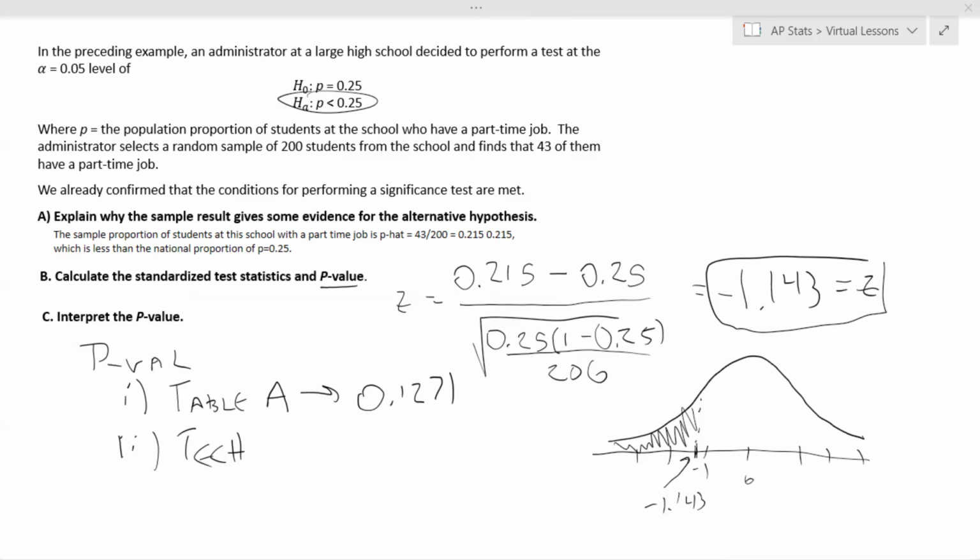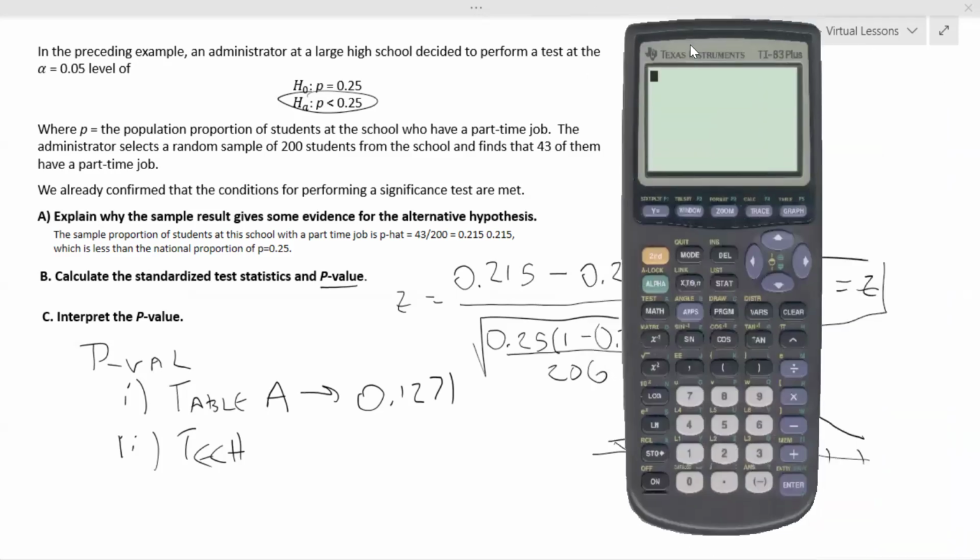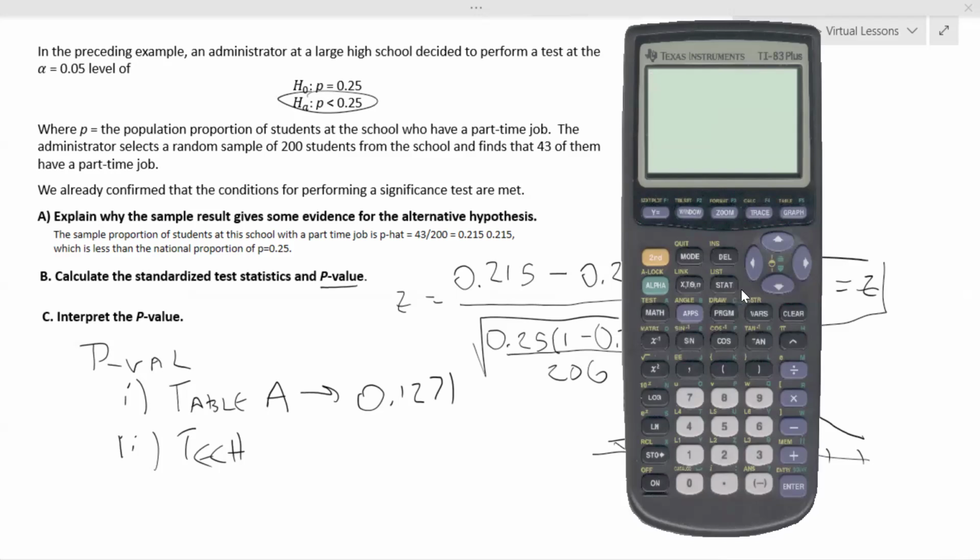using our graphing calculator. So you go 2nd distribution, normal CDF, we want the cumulative density function. Since we're doing a left-tailed test, we go negative 1,000, comma, z-score, which is negative 1.14143, comma, mean, standard deviation of 0 and 1.